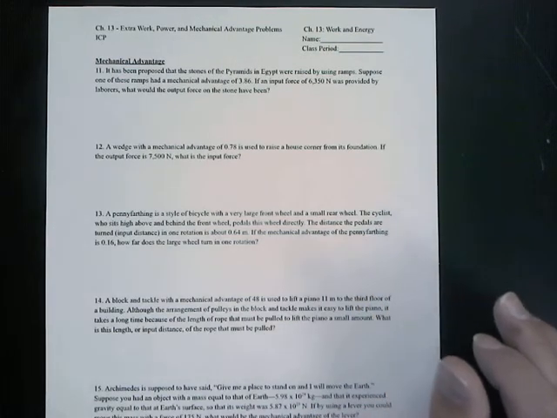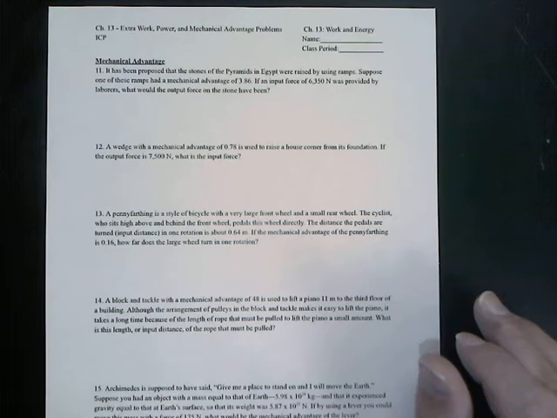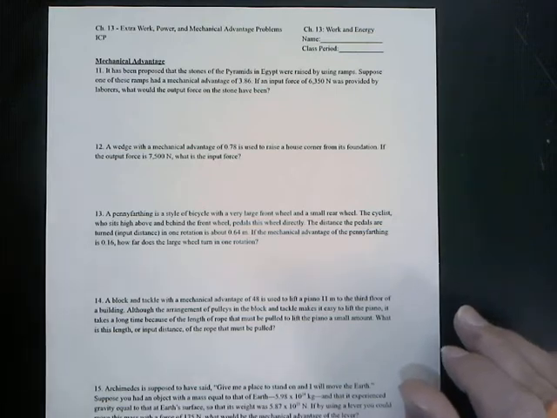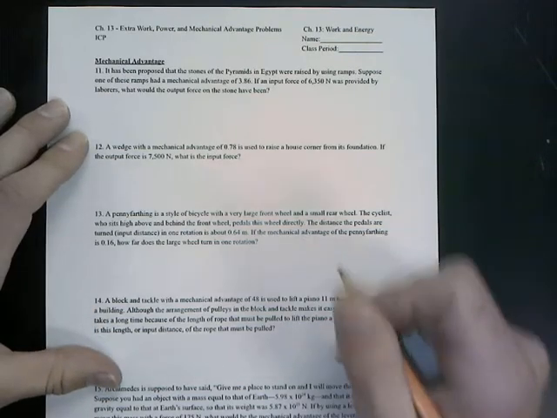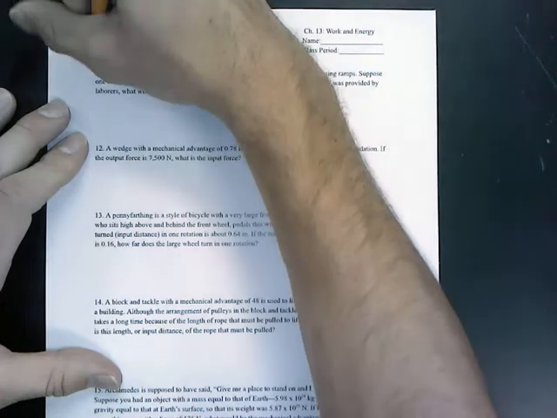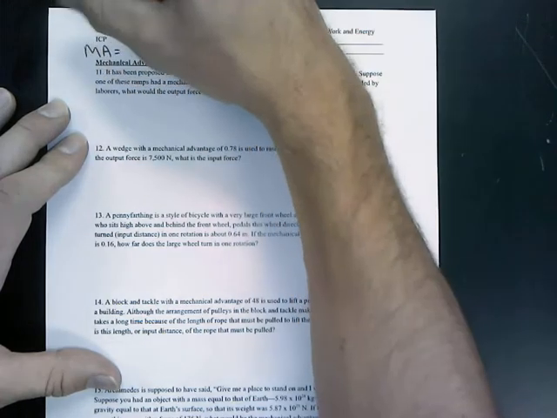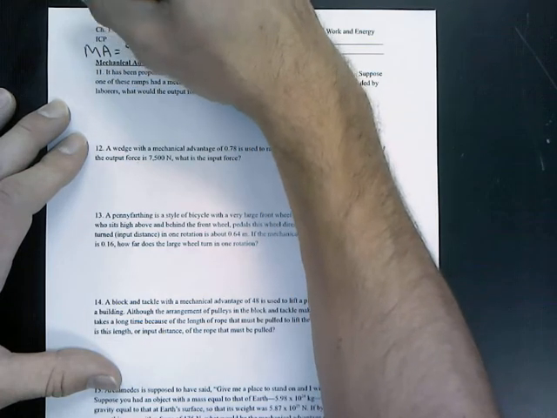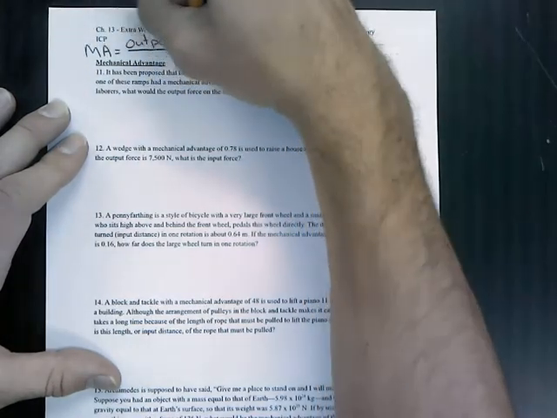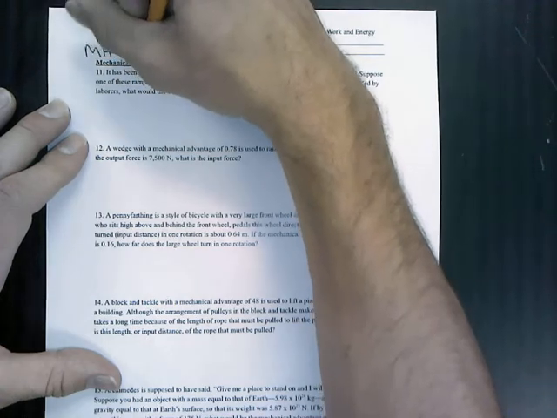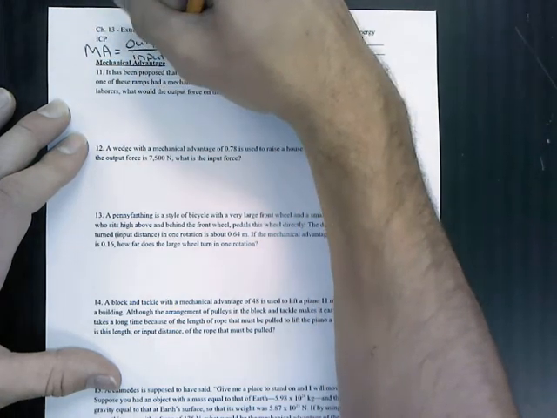So mechanical advantage. We have to be careful here what type of mechanical advantage we're dealing with. If it talks about force, our mechanical advantage, MA, is going to be equal to our output force, all divided by our input force.